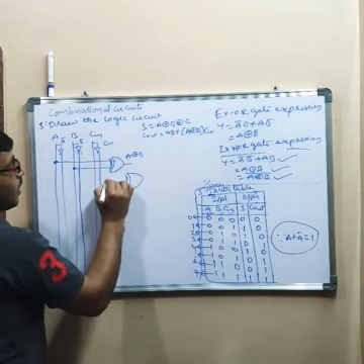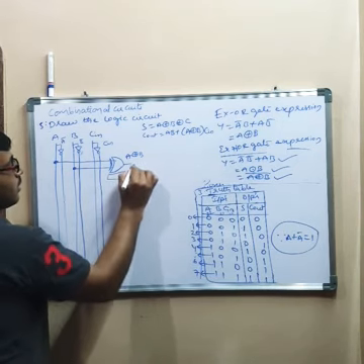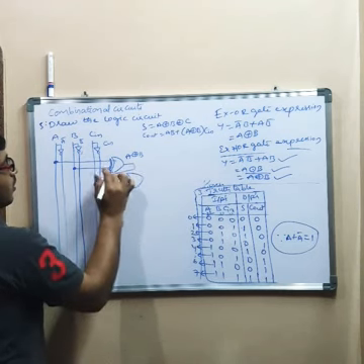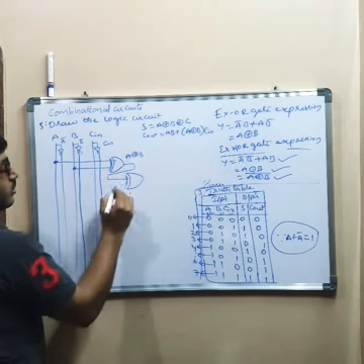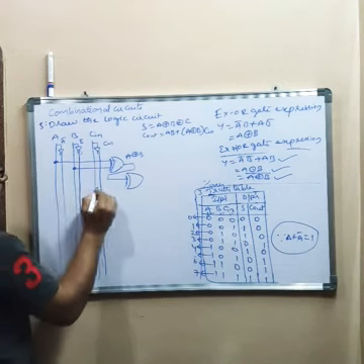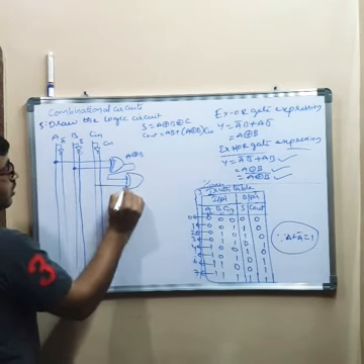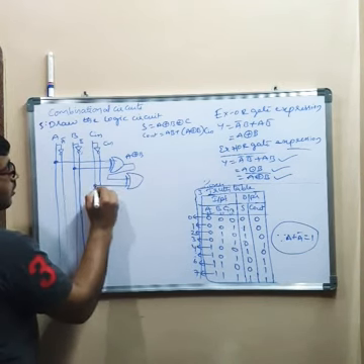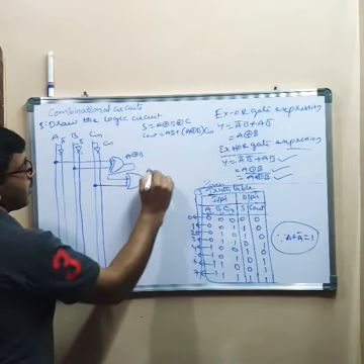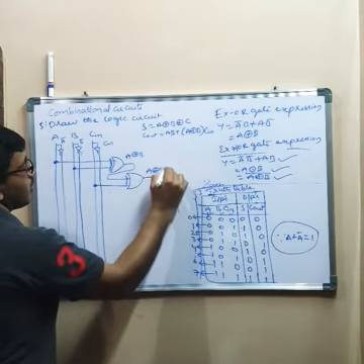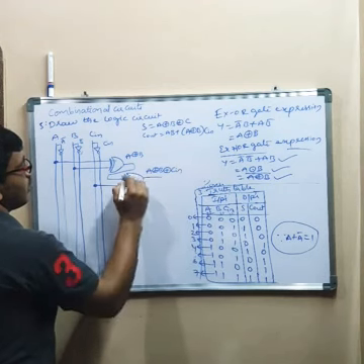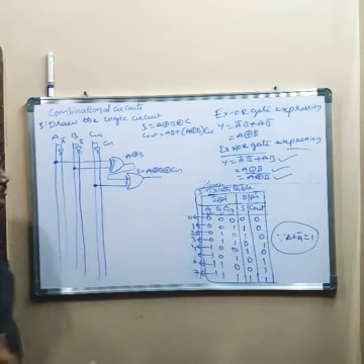I will connect this output, A XOR B, as the input, and next C. Here you will get A XOR B XOR C, S is equal to. Simple.